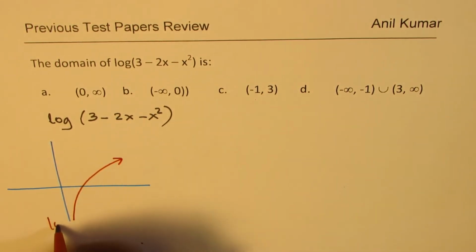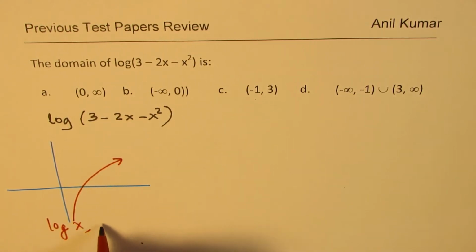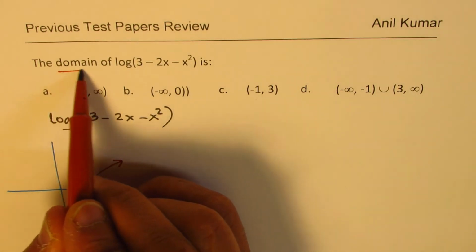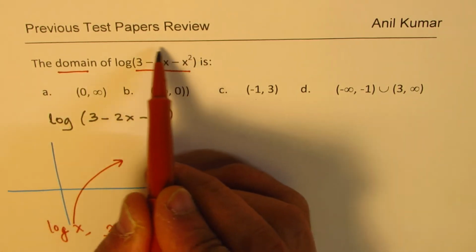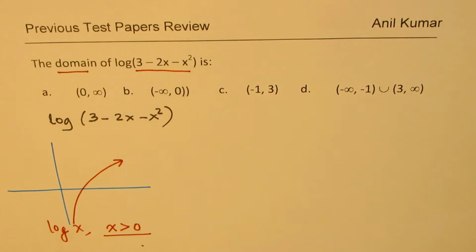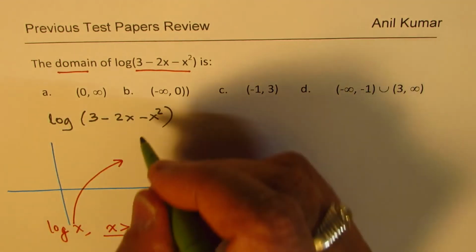If I'm talking about log of, let us say, x, in that case, we know that x has to be greater than 0. So that is the domain. Now, since the question here is about the domain of this function, everything within the argument should be greater than 0. Perfect. So that is the concept. I hope it is absolutely clear.